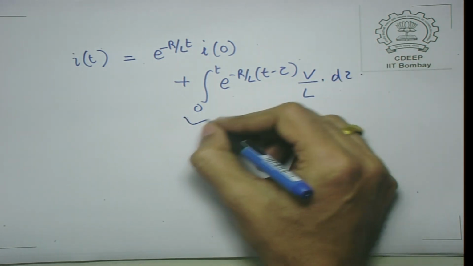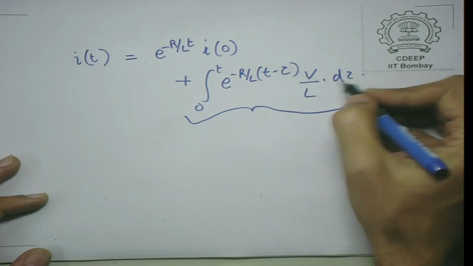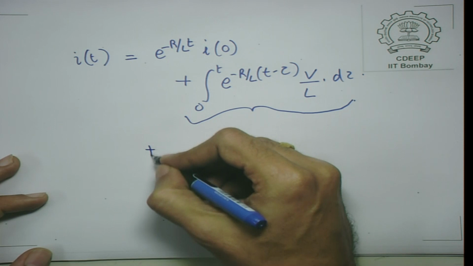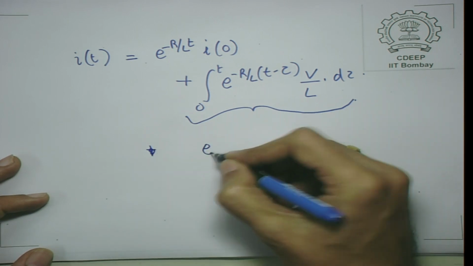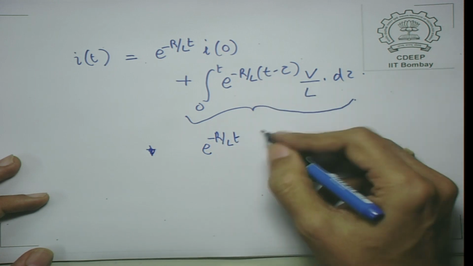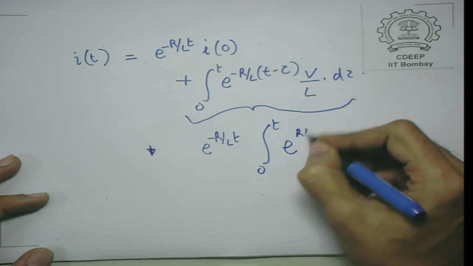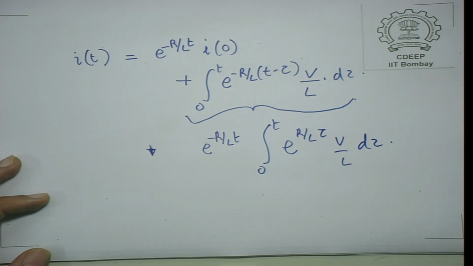Now, since the integration variable is tau, you can take out e raised to minus r by L t, leaving the integral from 0 to t of e raised to r by L tau V by L d tau.